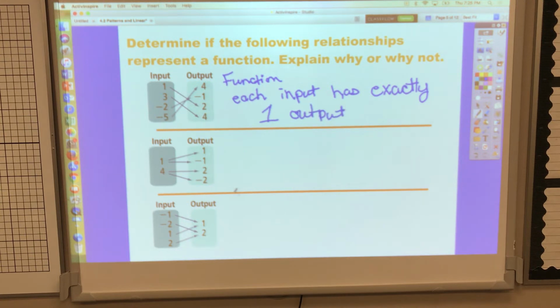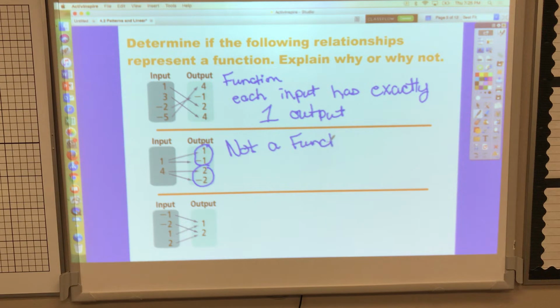When I look at this next one, the input, we look at 1 and 4, they're both different. But when I look at this 1, it is paired with both a 1 and a -1. And the 4 is paired with a 2 and a -2. That right there tells us it's not a function.